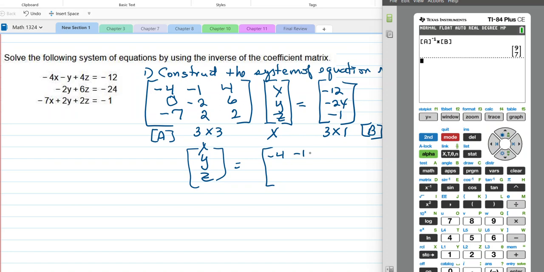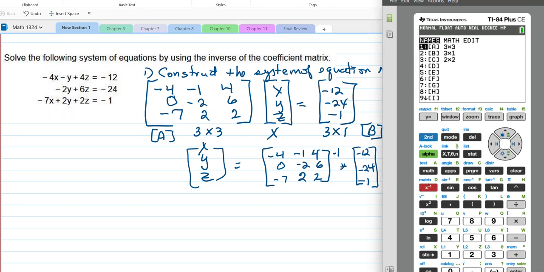So we want then to say that x, y, z is going to equal the inverse of the matrix -4, -1, 4, 0, -2, 6, -7, 2, 2, times -12, -24, -1. All right, so we're going to do that in a calculator by naming it.